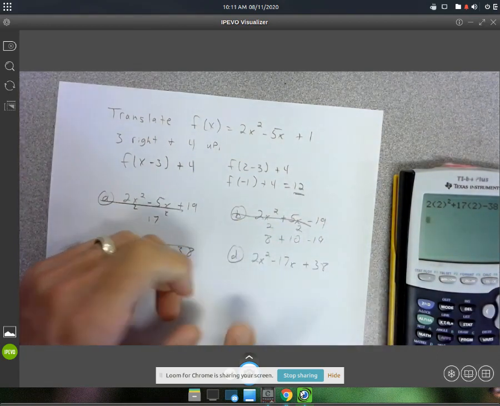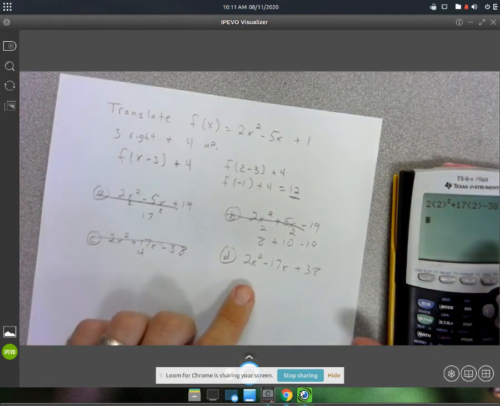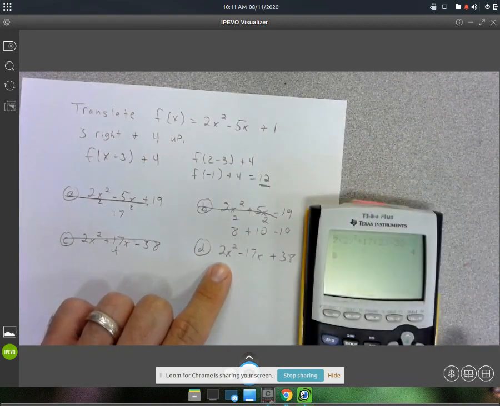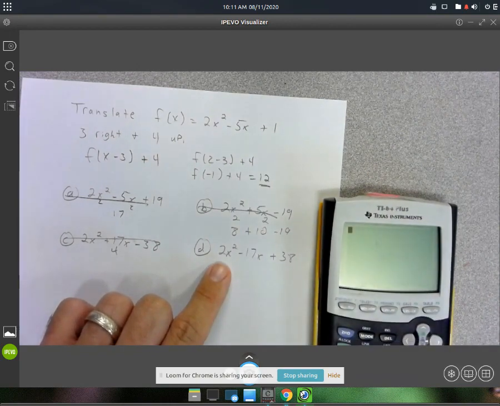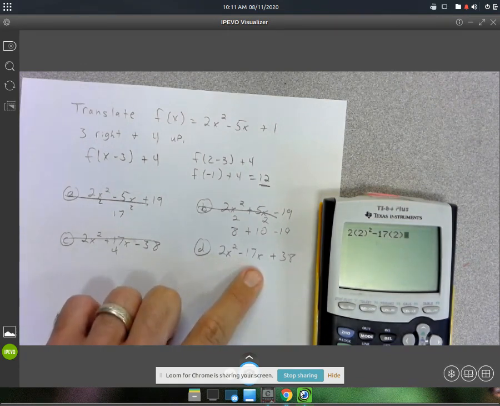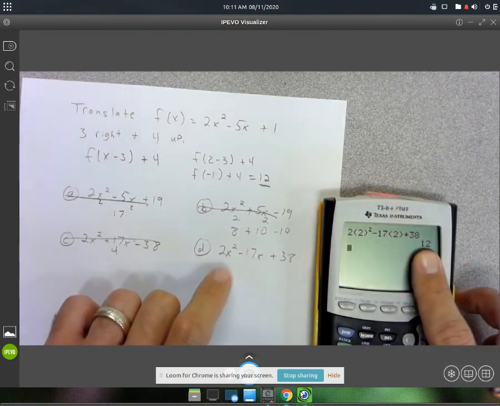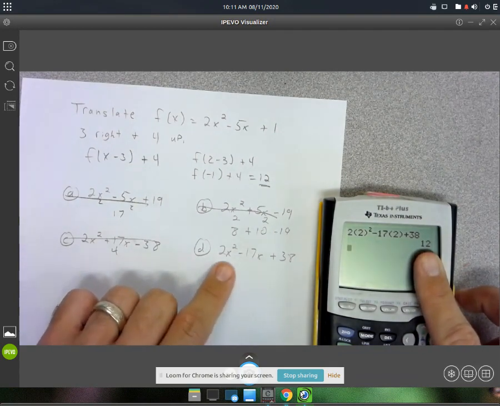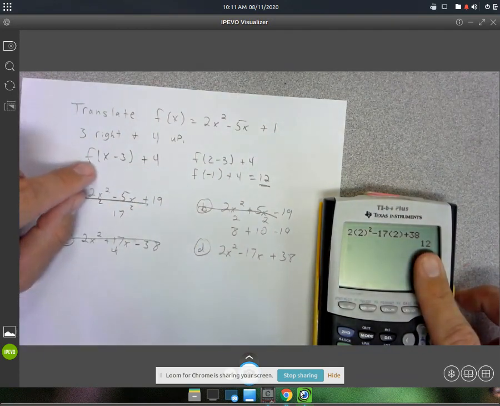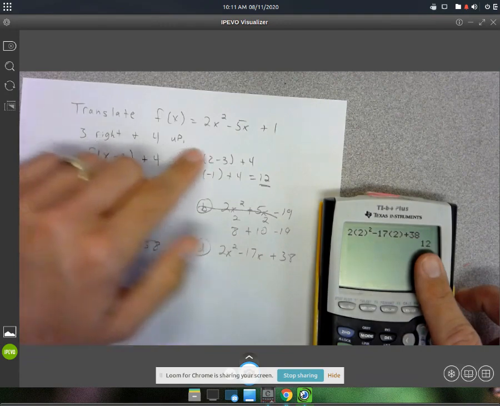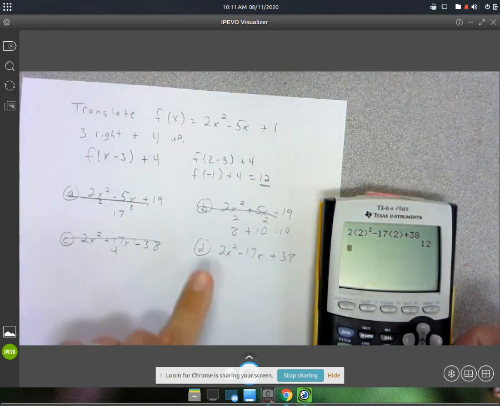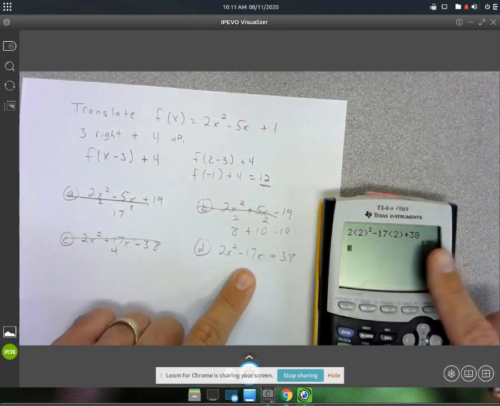So B is wrong, so it has to be D. If you take 2 and plug it in for x on D, you'll get 2 parentheses 2 squared minus 17 times 2 plus 38, and you get 12. And that's what we were looking for. We plugged in 2 for x on the translation, and that gave us 12. And then we plugged in 2 for x on our answer options and got the same thing.